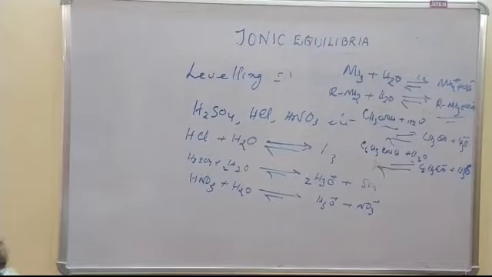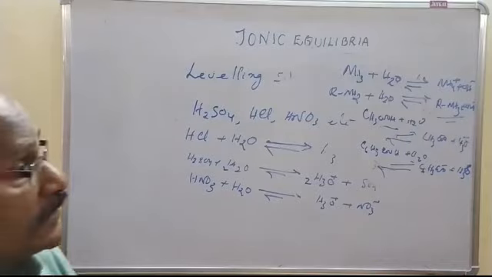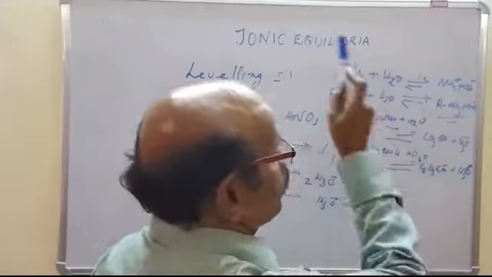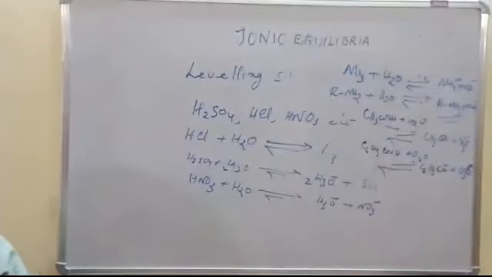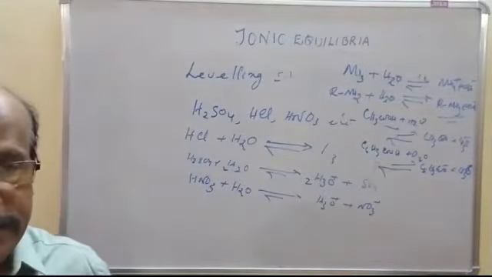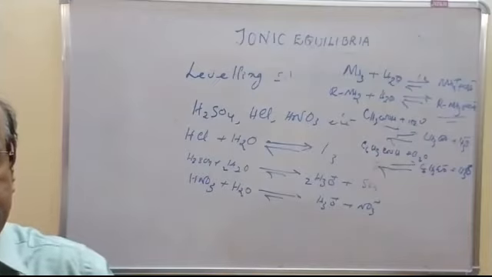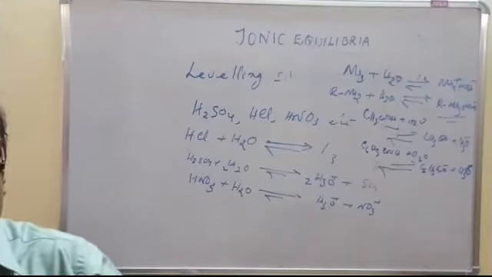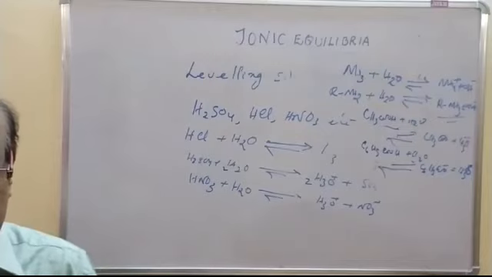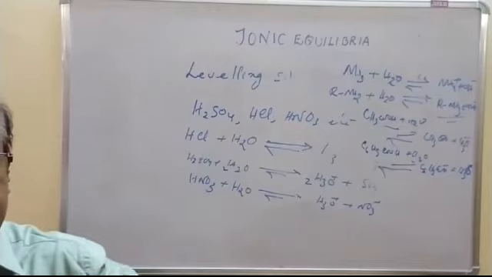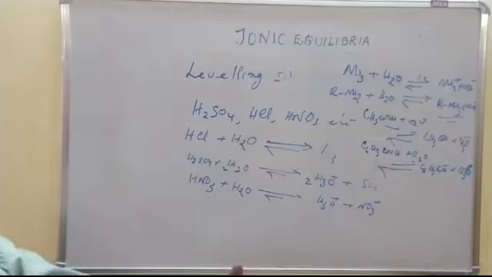You look here, consider the case of acetic acid. When acetic acid dissolves in ammonia, the ammonia acts as a leveling base. But acetic acid acts as a weak acid in water because water is acting as a differentiating solvent. So ammonia acts as a leveling solvent for acetic acid.